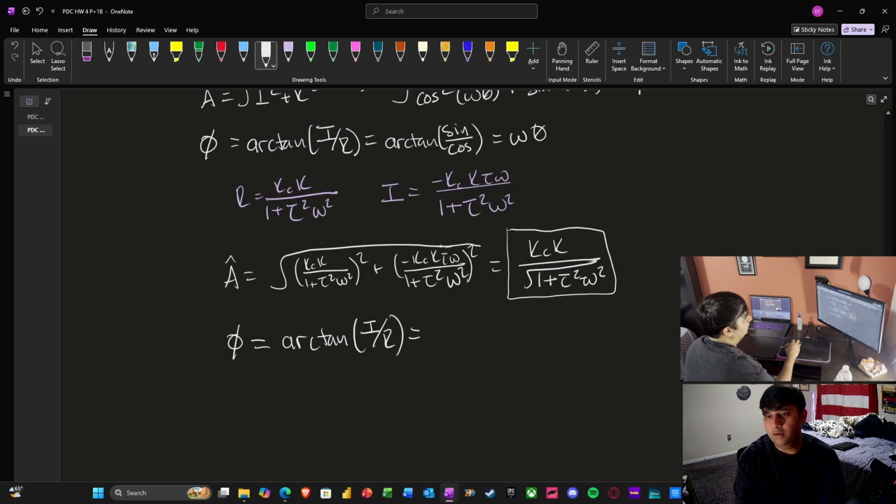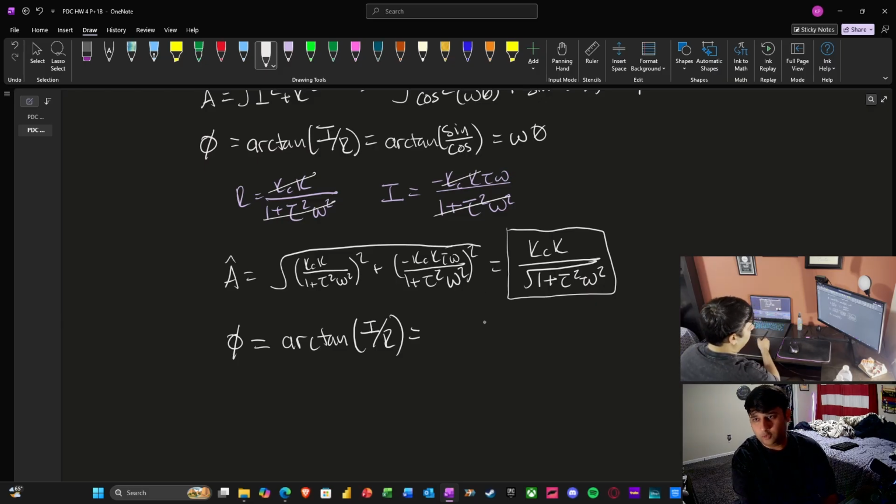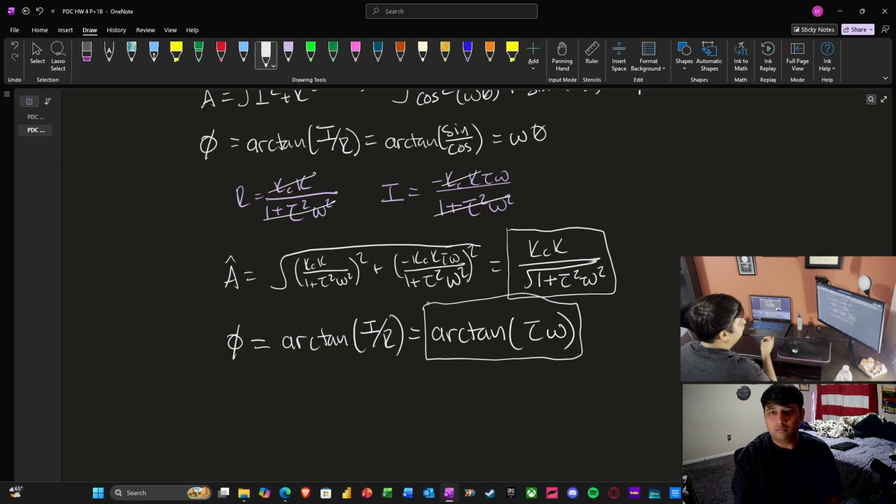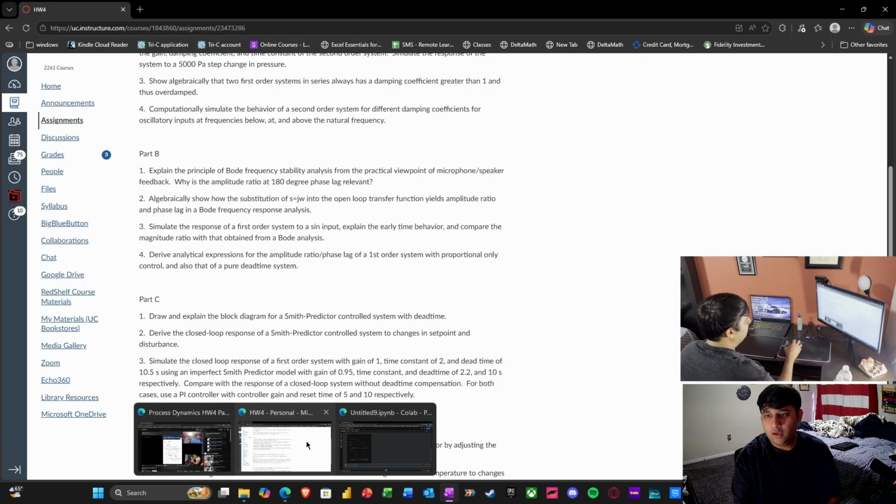And if we can see right here, if we put I over R, we get this crossed out, and then Kc and Kc will also be crossed out. So then what we end up getting is arctan of tau omega. And then this right here is our phase lag.